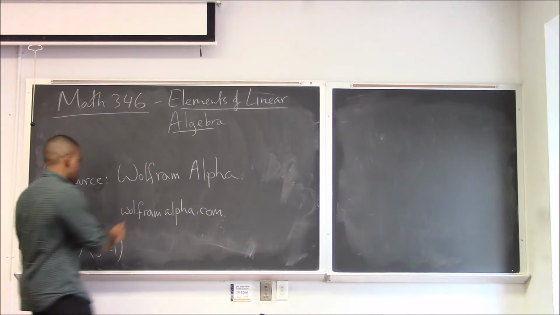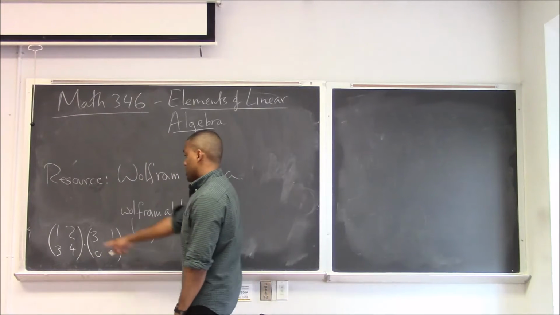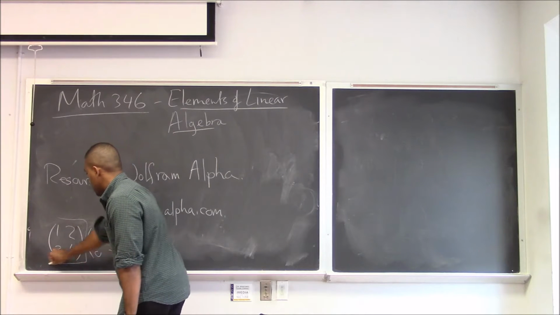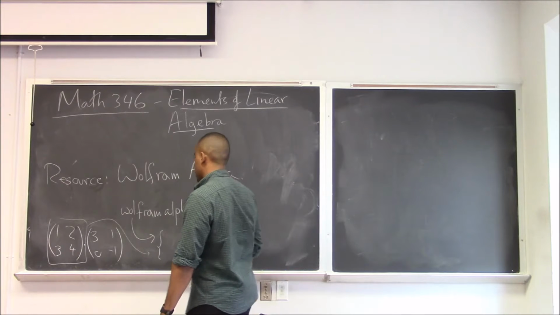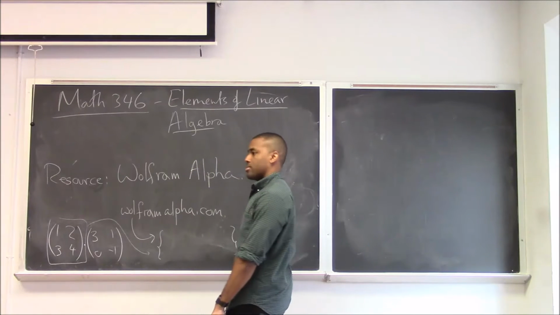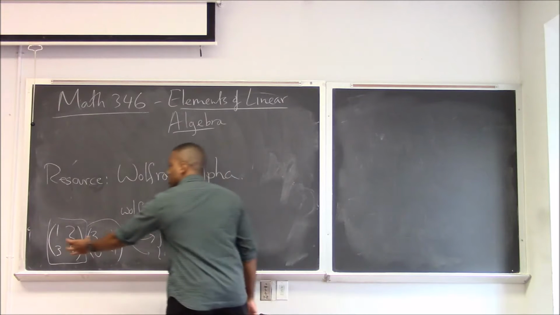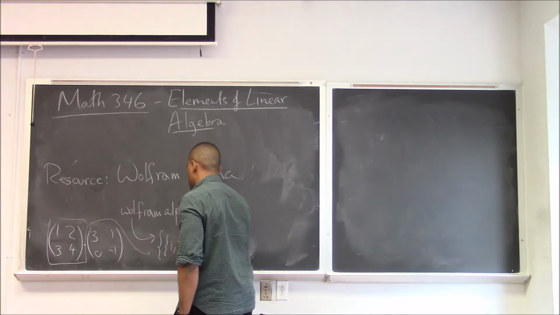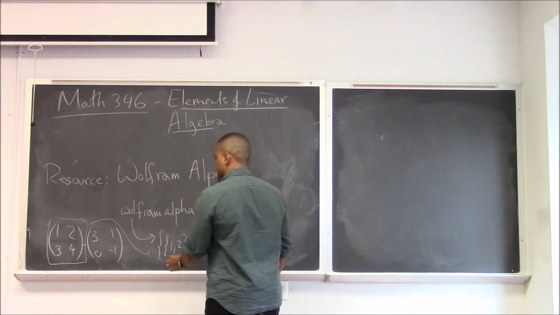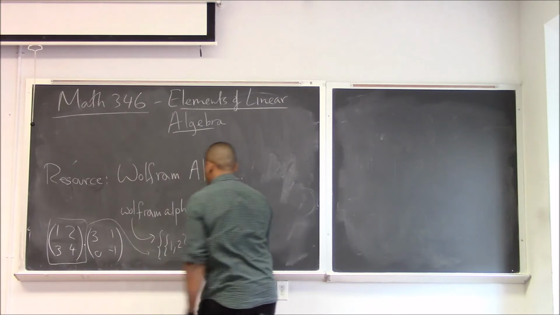It has a certain notation though. Something like an object like this, you would write it as, you put these squiggly brackets, inside the squiggly brackets, put another pair of squiggly brackets, and you list the elements of each row. This is called a row. So you list 1, 2, and that defines the first row, comma, 3, 4.